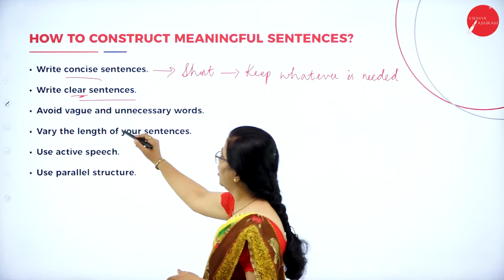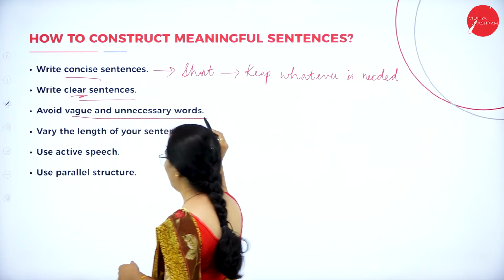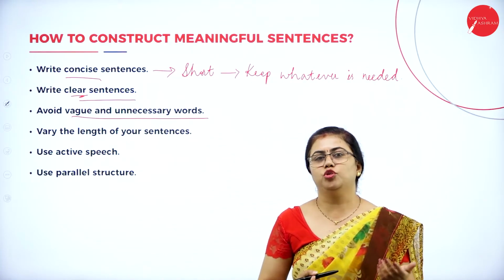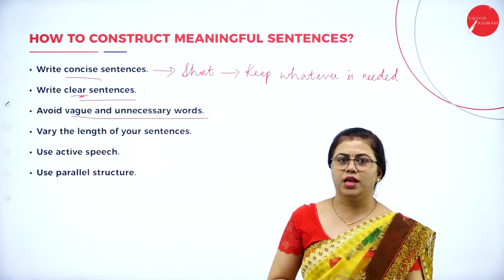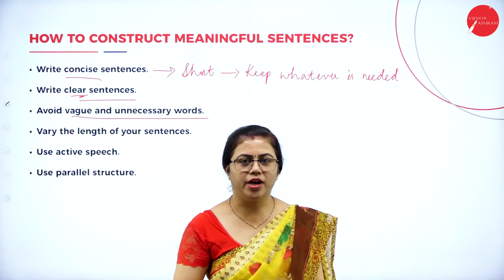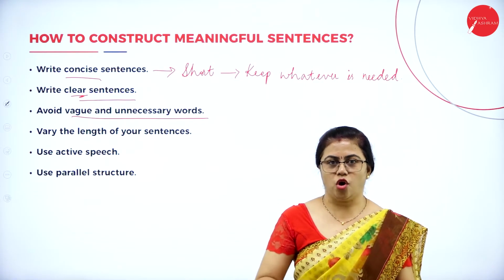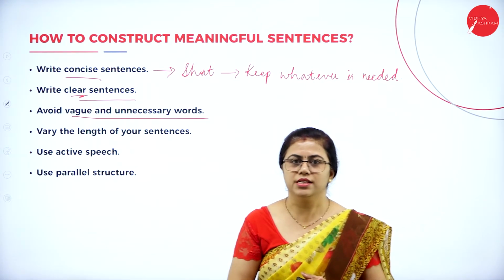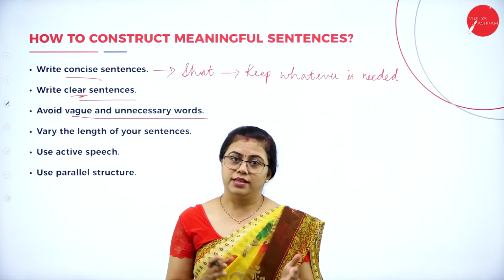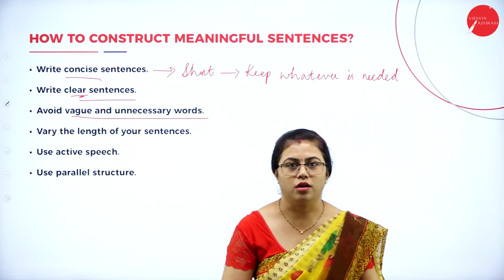Fine. Then avoid vague and unnecessary words. This is the main point, you have to keep it in mind. Suppose you don't know the meaning of some word and you are keeping it in the sentence. You don't know whether the word exists or not, but you still keep it in the sentence, which may result in the sentence going wrong. So how do I do it?